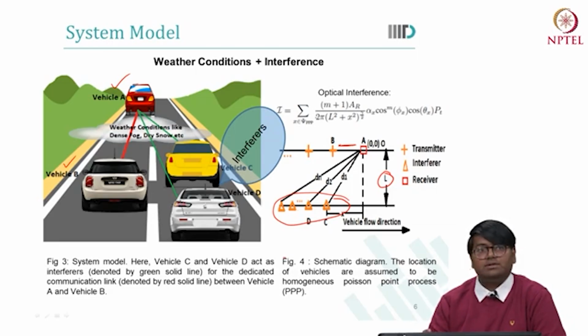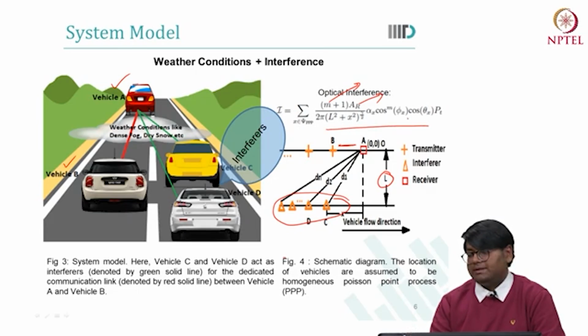As discussed in your class as well, M is your Lambert order, AR is the area of the photodetector, L is your interlane spacing, which we have already discussed, and X is the horizontal distance between your desired receiver and the interfering vehicle. Accordingly, the optical interference can be given by this equation.